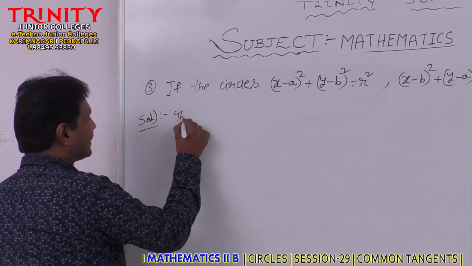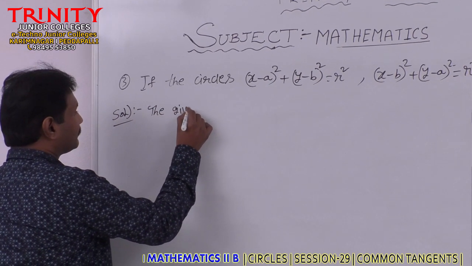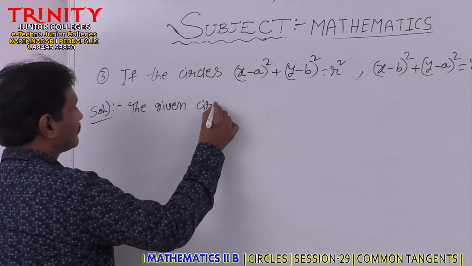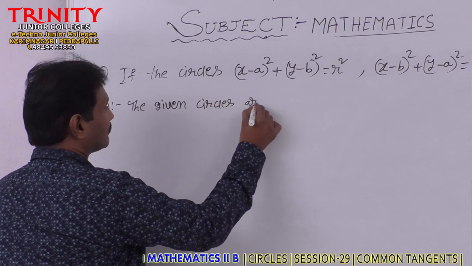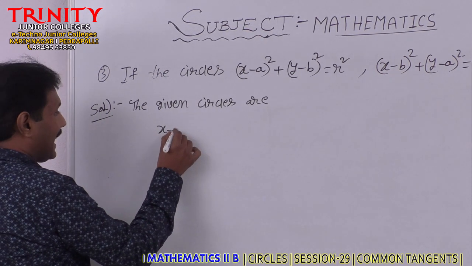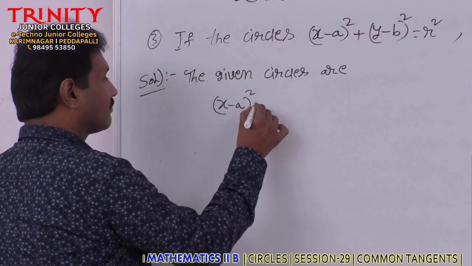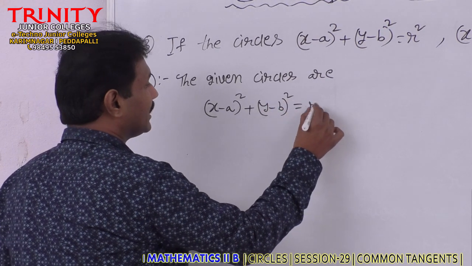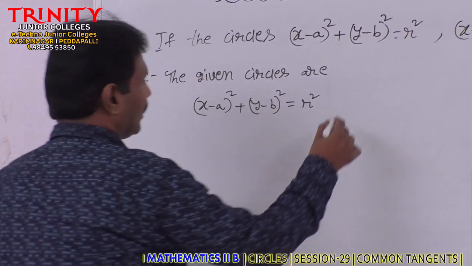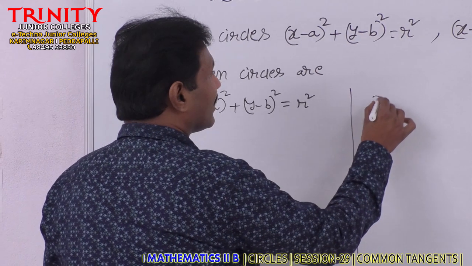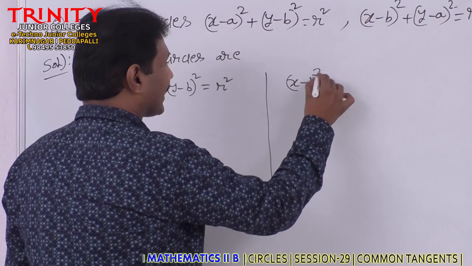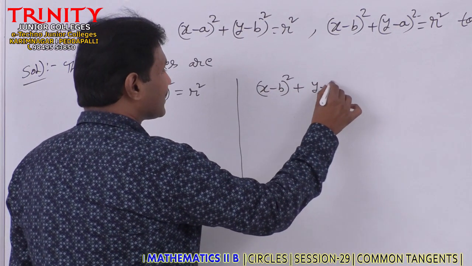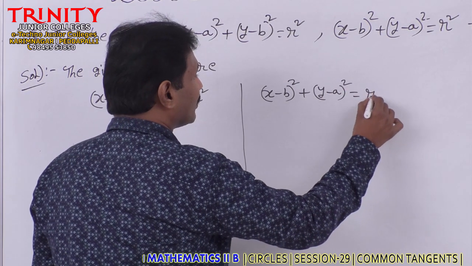The given circles are: first circle (x minus a) whole square plus (y minus b) whole square equal to r square, and the second circle is (x minus b) whole square plus (y minus a) whole square equal to r square.